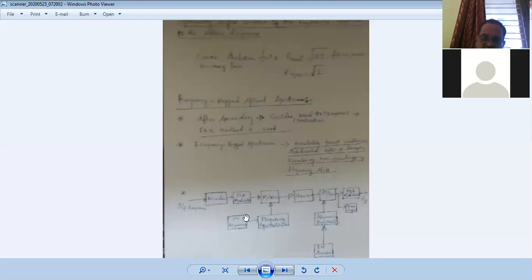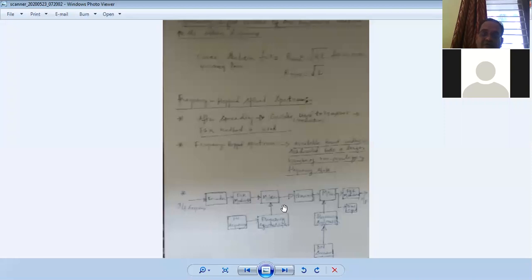Look back here. This is the information. The frequency modulator modulates the information signal, which will be multiplied. The PN sequence generator will select the carrier frequency accordingly and multiply it across in the mixer. Then the signal will be generated.